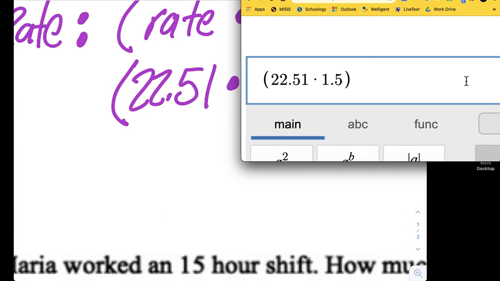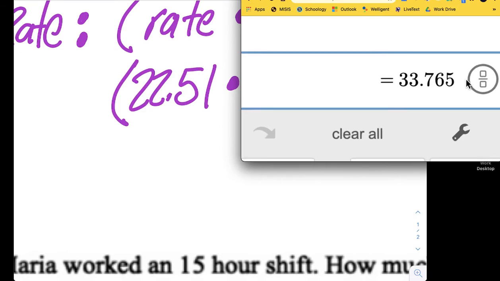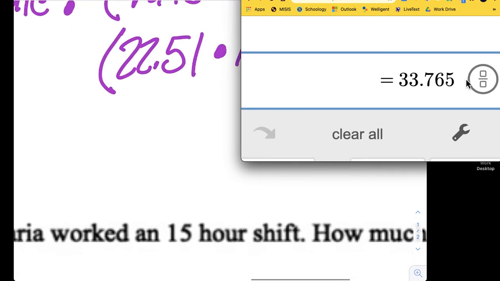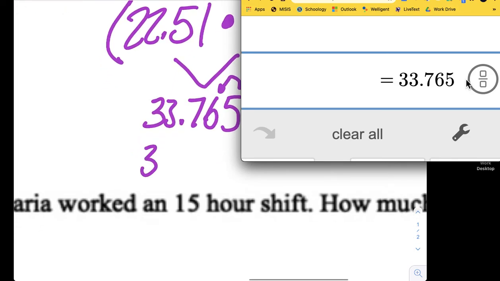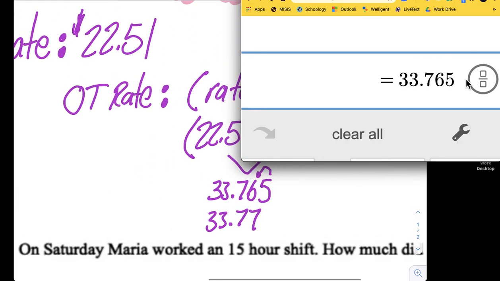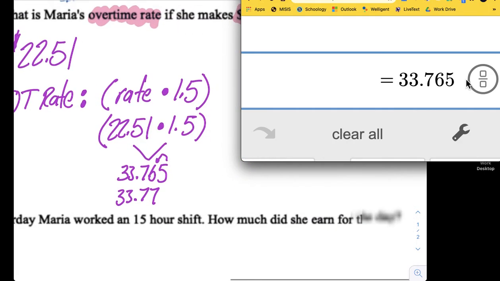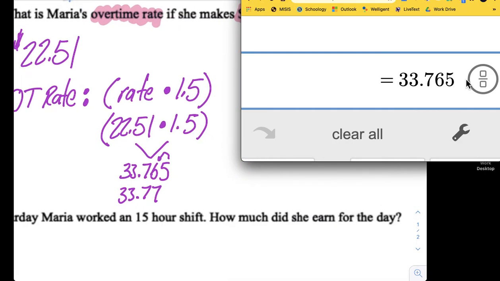I typed it in and immediately it gave me 33.765. This 5 is going to push this 6 to a 7. So I get 33.77.